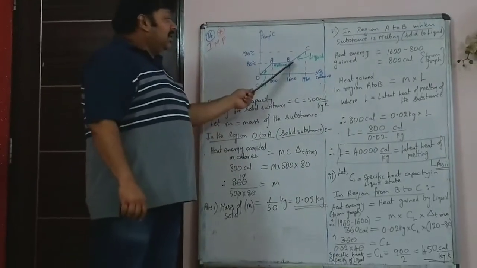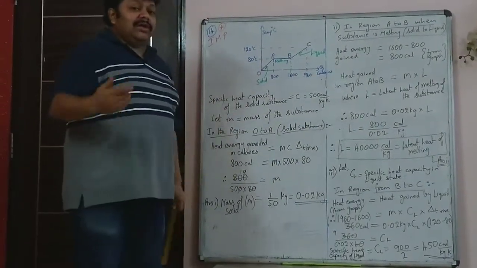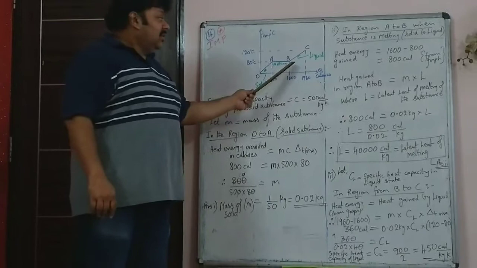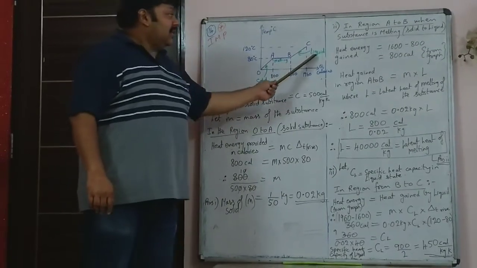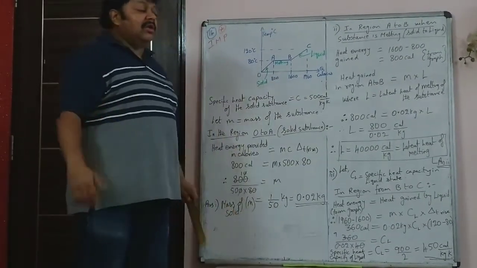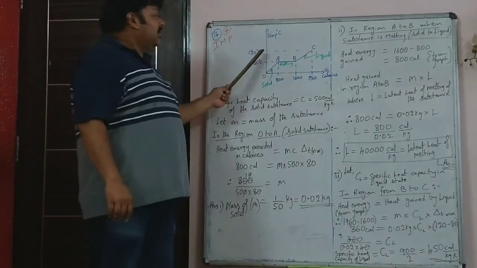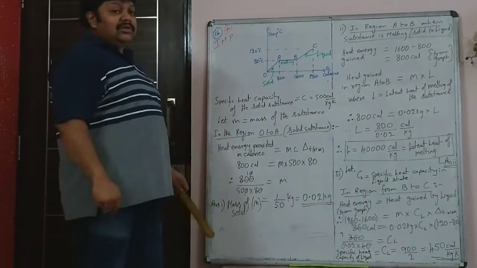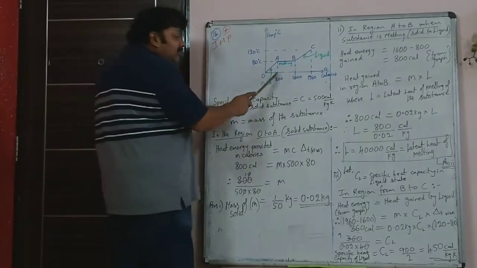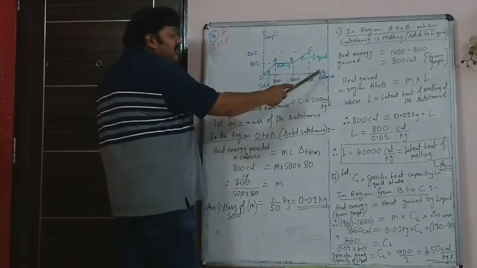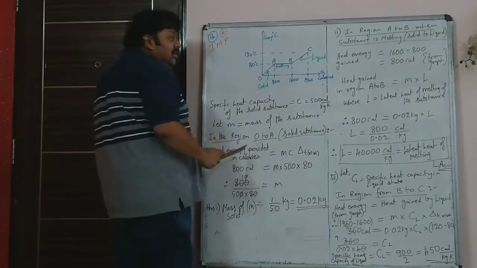And then at B to C again there is rise in temperature because now there is no change in state, the substance is in the liquid form, and the temperature from B to C is rising from 80 to 120 degrees Celsius. In each part, how much heat energy was gained can be found from the x-axis.